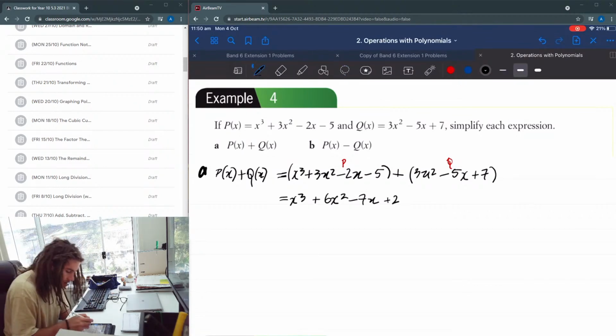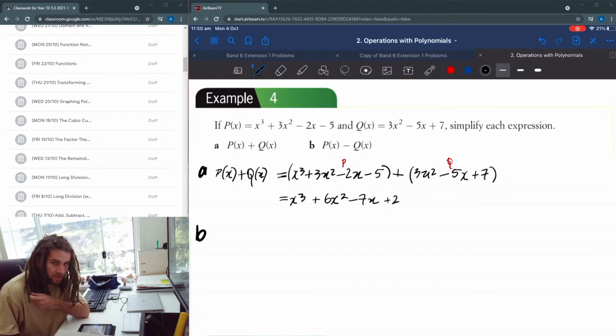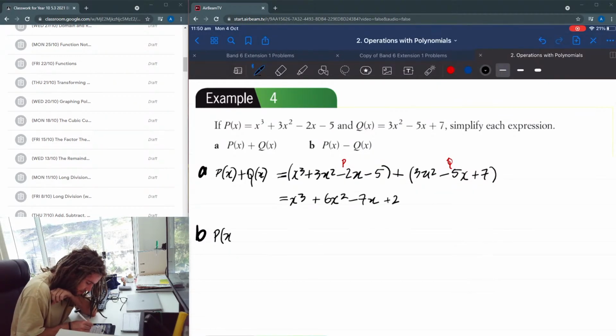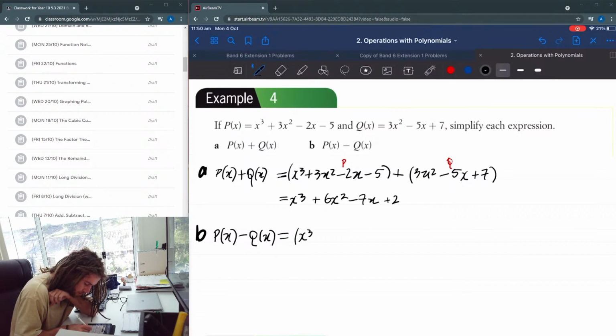Okay, B, subtracting, and look, it's exactly the same, but I use brackets just to be really, really careful, and I'll show you in a sec. So p of x minus q of x is brackets x cubed plus 3x squared minus 2x minus.